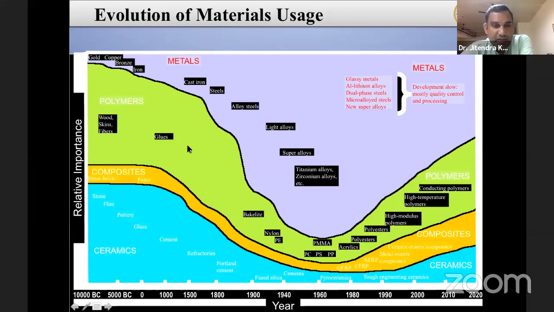In the polymer case, up till 1940, very small amounts of polymers were investigated, like bakelite, nylon, or polyethylene. And nowadays you can see PMMA, polyester, high modulus polymers, high temperature polymers also, because the main disadvantage of the polymer is that it has a very low thermal gradient.